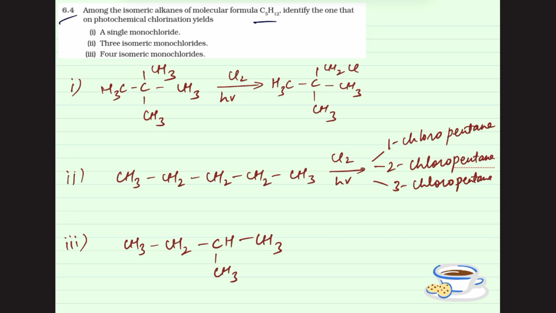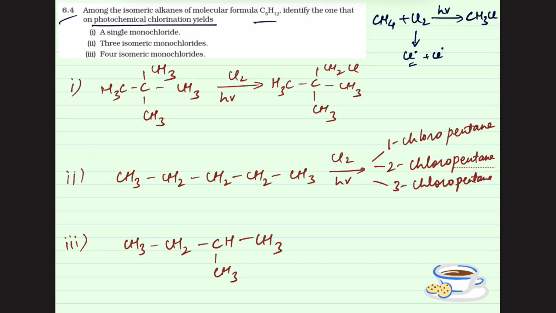First of all, what is photochemical chlorination? For example, if methane reacts with chlorine in the presence of light, then chlorine breaks into chlorine free radicals, and this chlorine free radical will substitute one of the hydrogens of methane, forming methyl chloride or chloromethane.